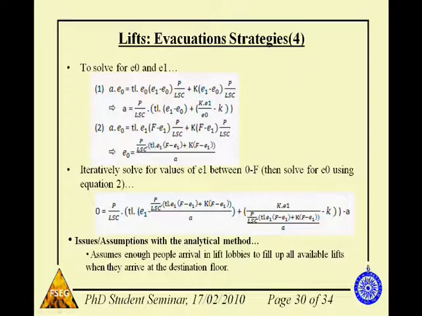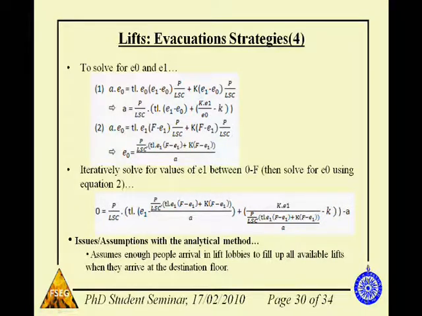And then we can substitute this back into the first equation to get the equation at the very bottom of the slide here. In this equation we only have one unknown variable, which is E1. We can iteratively solve for this between values 0 and f, and that will give us our value for E1.